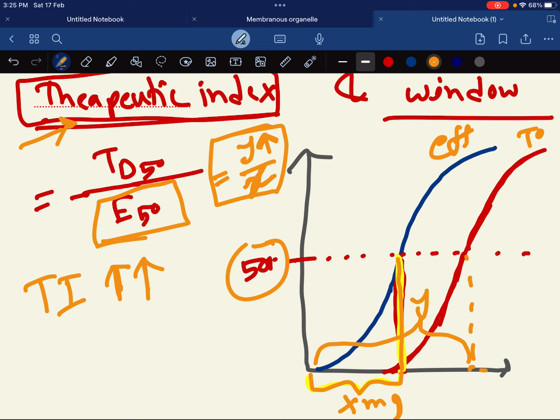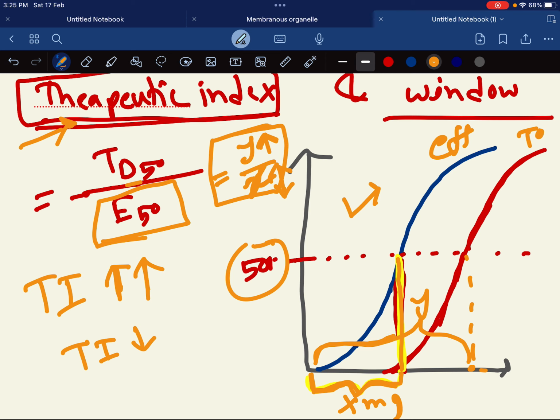That means a large amount of dose is required to produce toxicity, so you can safely increase the dose of that drug. On the other hand, a drug having a very low therapeutic index means that x is higher, so the median effective dose is higher and the median toxic dose is lower.